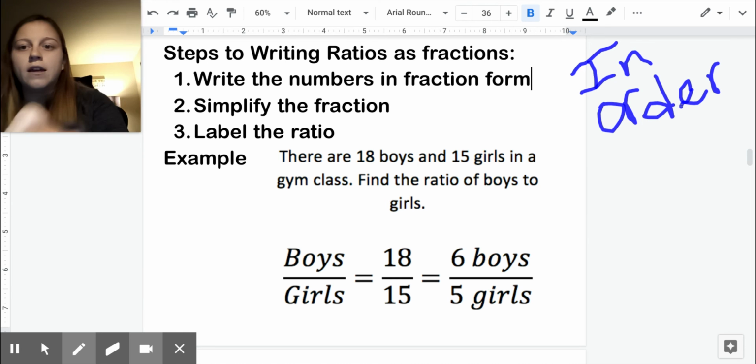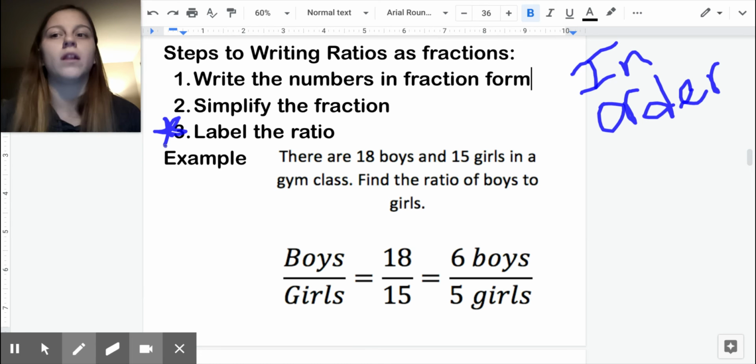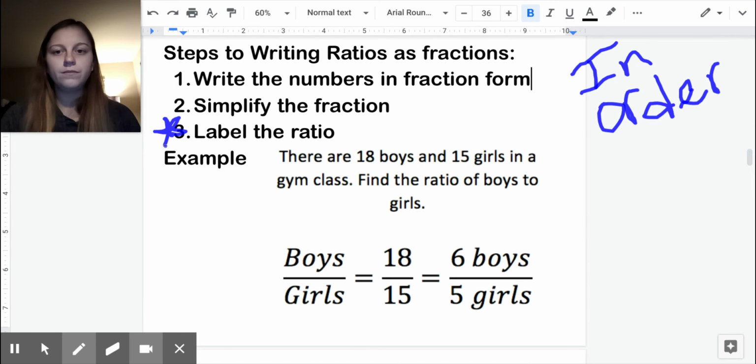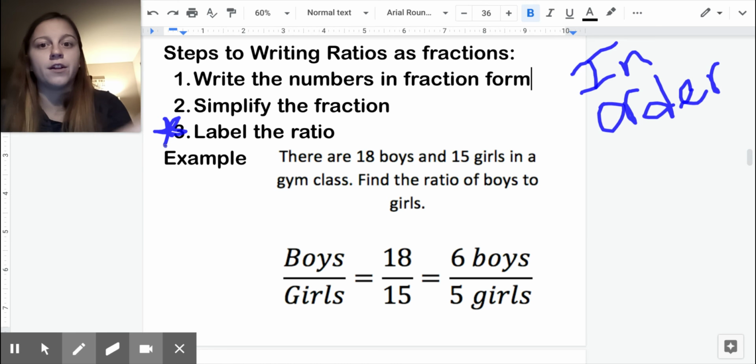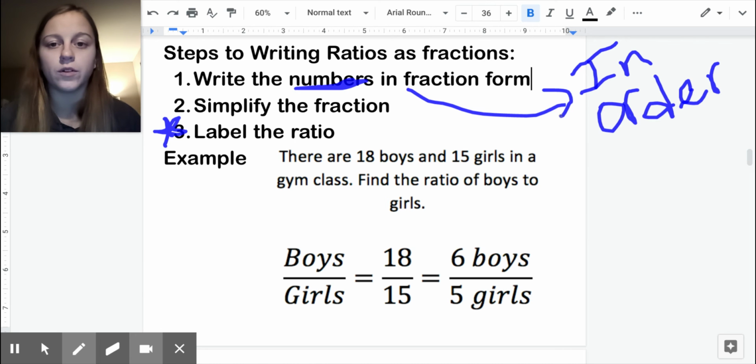Simplify the fraction, and then a lot of people forget this step right here, step 3, label the ratio. So again, numbers into fraction form, simplify, label. Making sure that these numbers stay in order.